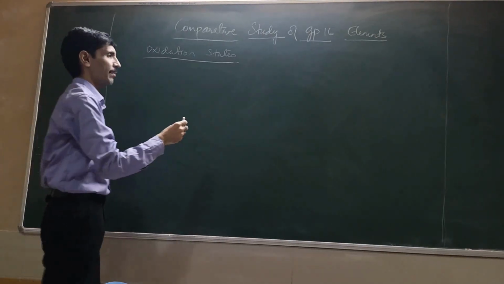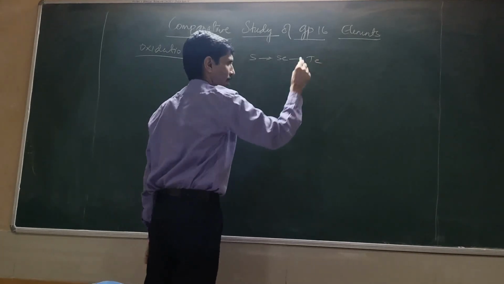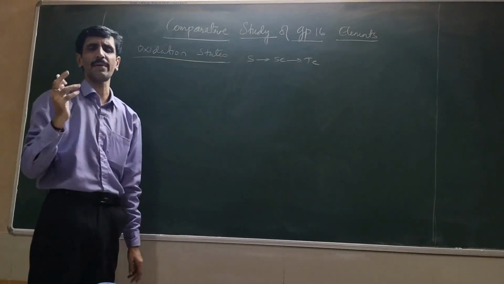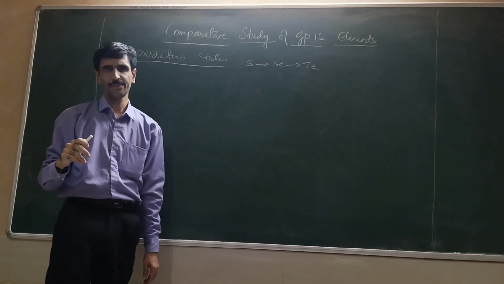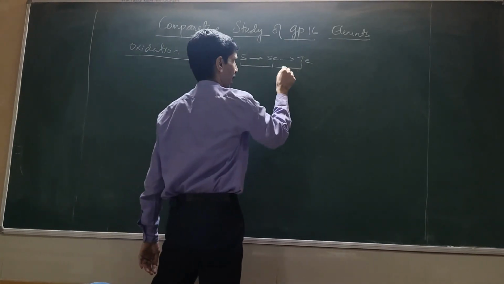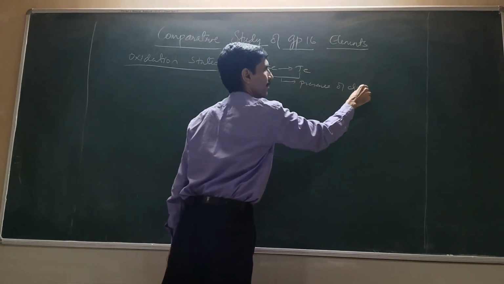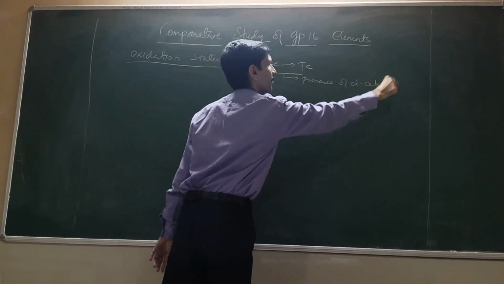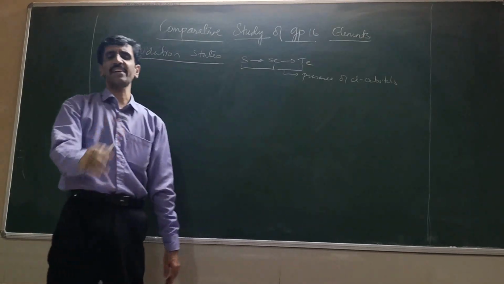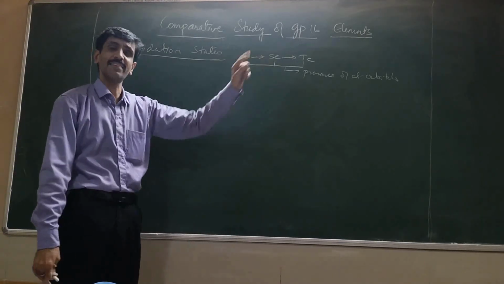We move to the next element, my friends, and that is from sulfur to selenium to tellurium. Polonium we will slightly ignore because, as I mentioned, it's radioactive. Now, in all these elements, the most characteristic property is the presence of d orbitals. In case of oxygen, the d orbitals were absent, but here the d orbitals are present.